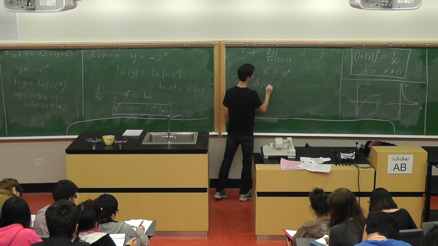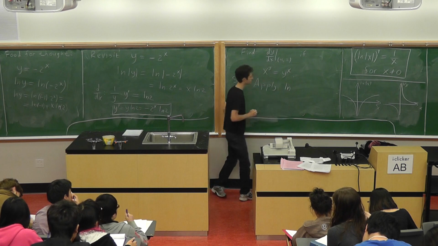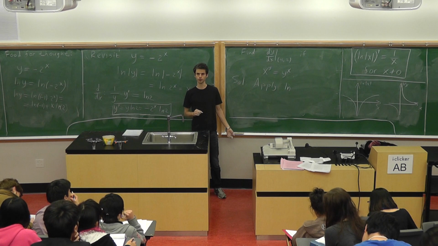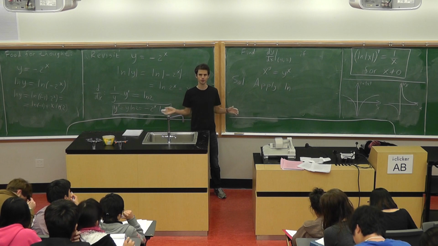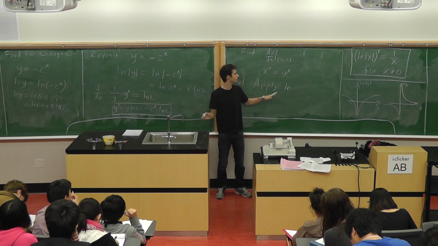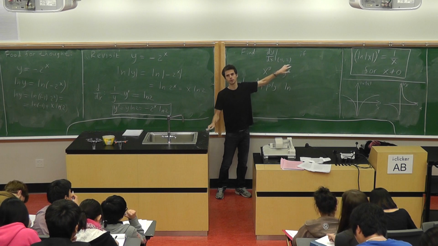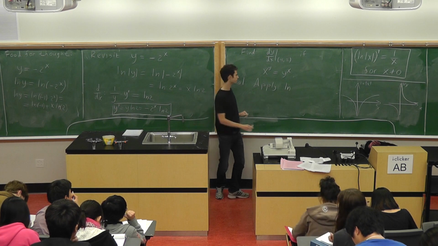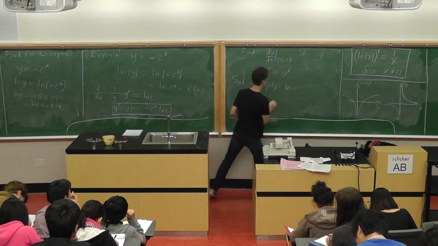Apply ln. If you want to be extra safe, you might want to apply ln of absolute value. It doesn't really matter in this case because x and y are both positive, so no problems. Let's just apply logarithm.